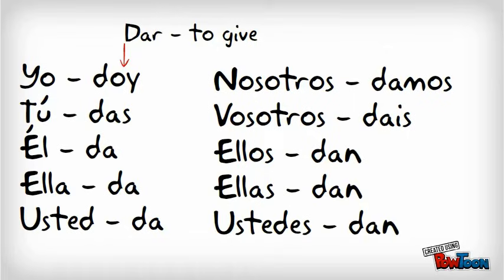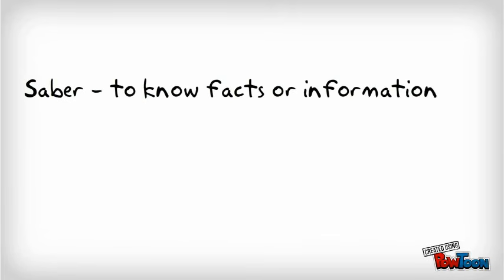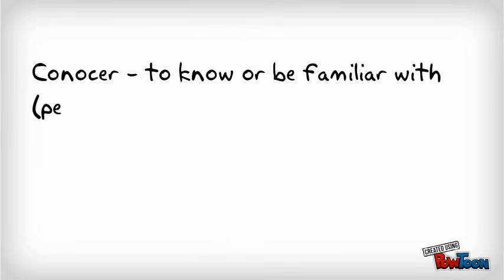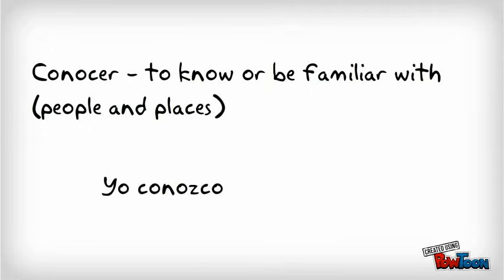Here are some other verbs that have irregular yo forms that also do not end in go. Saber, to know, facts, or information, becomes yo sé. Notice that there is an accent above the E. Conocer is to know or be familiar with people and places, changes to yo conozco.